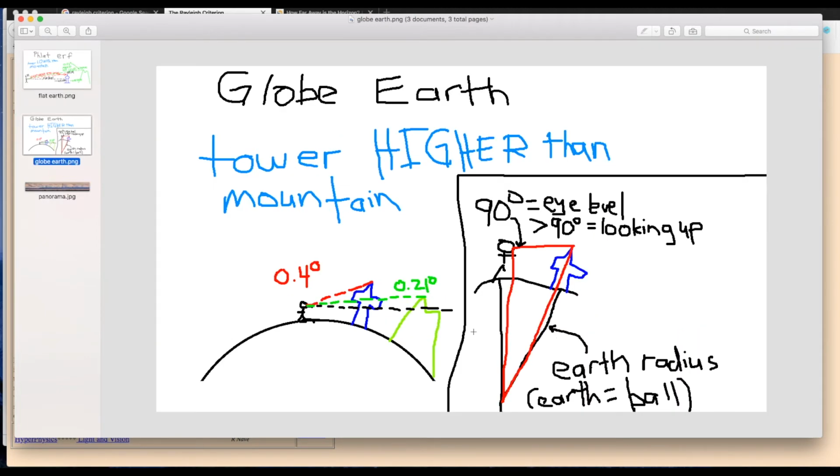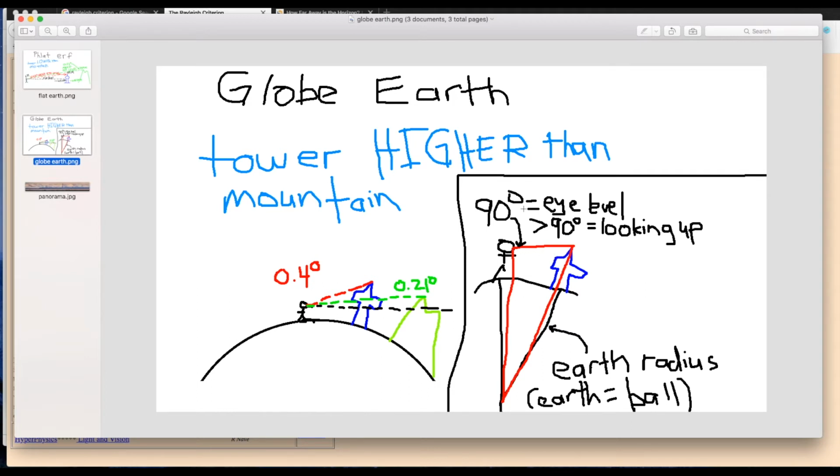Put those three values into a triangle calculator, and the one that you're interested in is this angle here. The side of the triangle that goes from the center of the Earth to the observer is the observer's plumb line, and a 90-degree angle from that would be the observer's horizontal eye level.